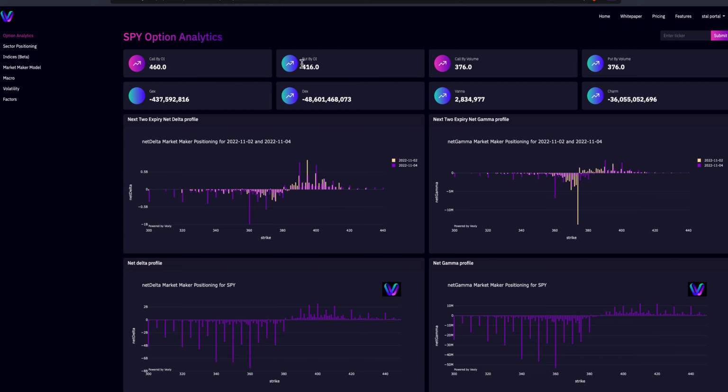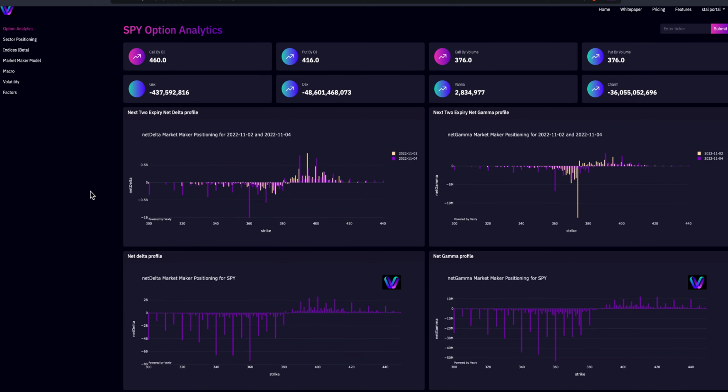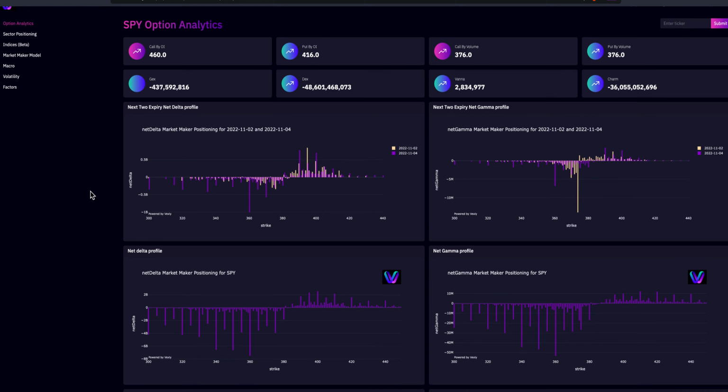That shows where positioning is on an OI basis at the most active level, and also by volume. The key difference is that OI typically represents situations where people are more likely to be writing, whereas volume is where transactions are happening.